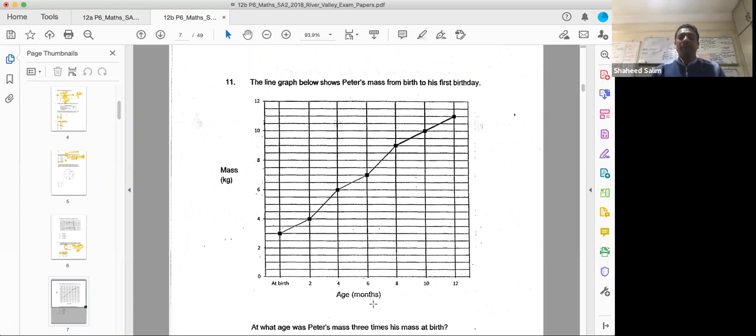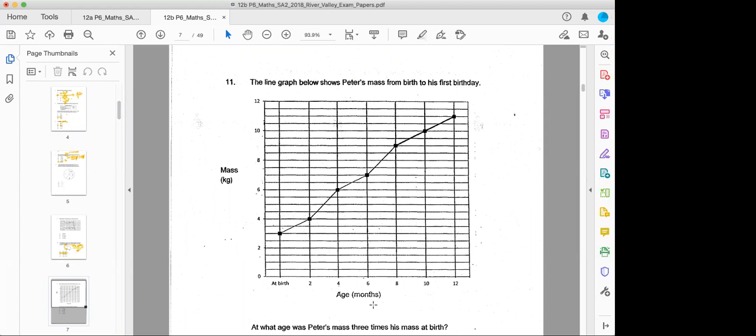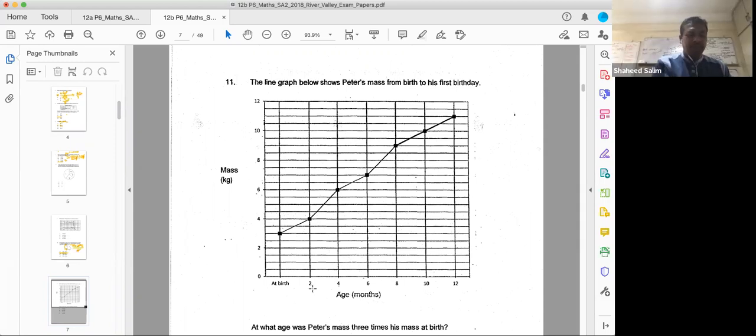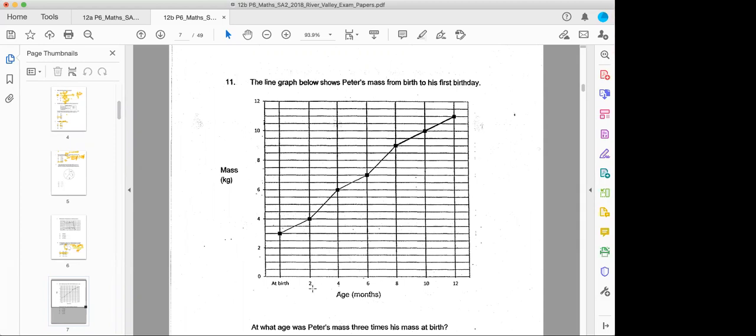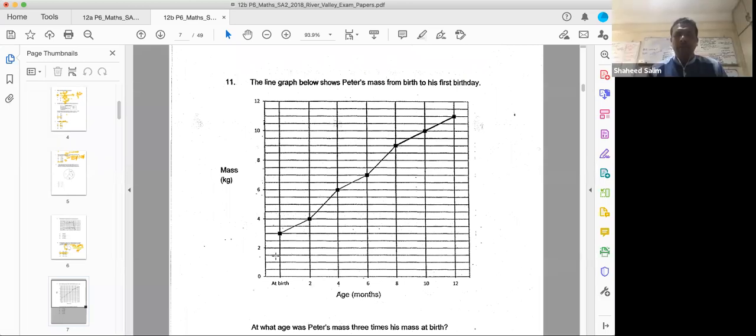What was his mass at birth? I don't know. Okay. How many kg? One. Not 1, hello, this is 2.